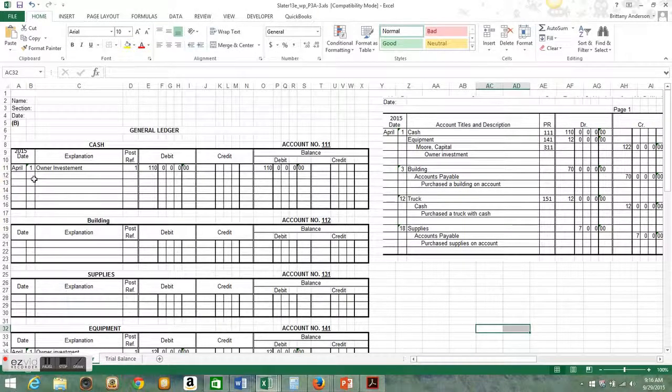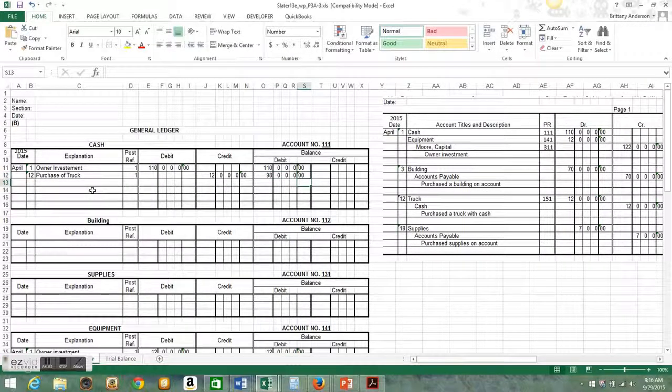Okay. Now on my cash, I'm going to put the 12th, and we're going to put purchase of truck. Again, it's page 1. And I am decreasing my cash, so it's going to go on the credit side. I've written a check. Okay. And my balance, however, is going to stay on the debit side because it is a normal debit balance.